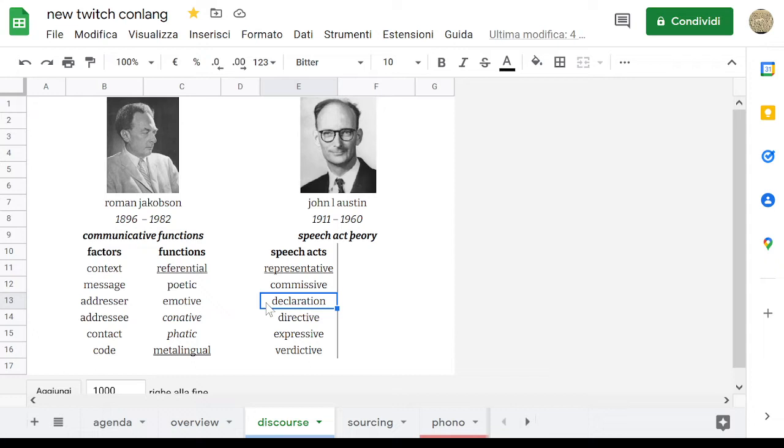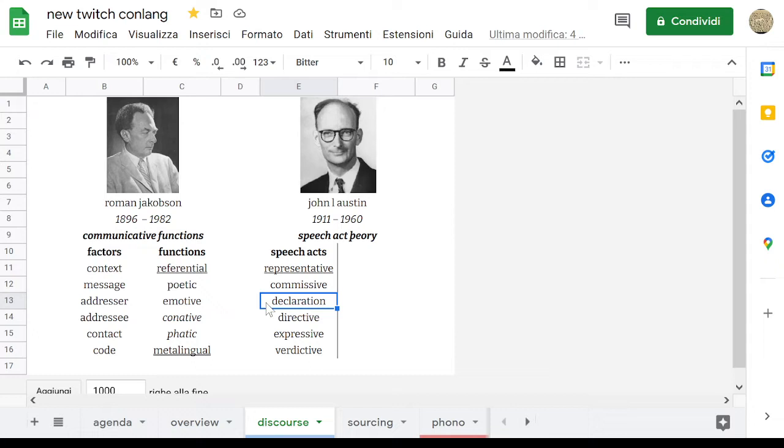So there are many other things that fall into this category. Any kind of language that changes someone's status. So if you fire someone, the act of saying you are fired is a declaration. They have gone from being employed to being unemployed with that speech act. Other things I can think of, like a sentence. If you sentence someone, or if a judge makes a, I guess we could say a declaration, that would be a declaration.